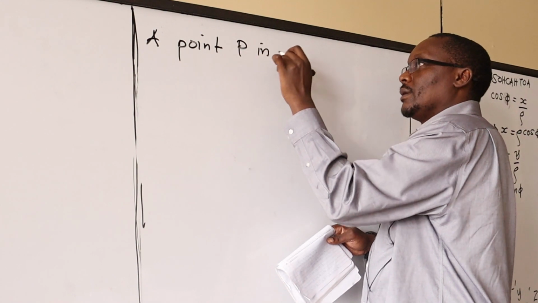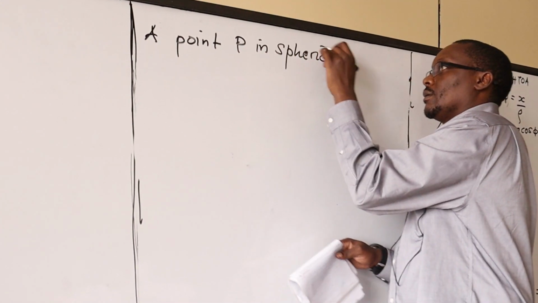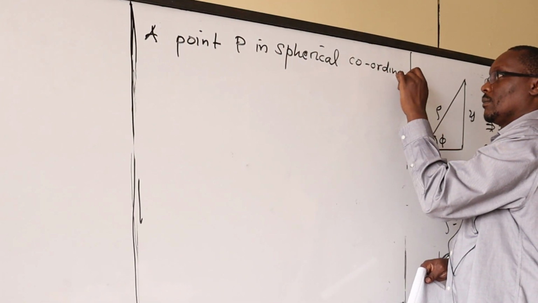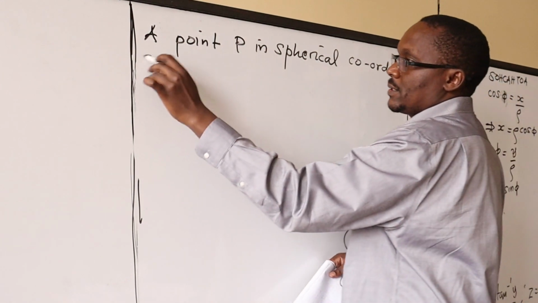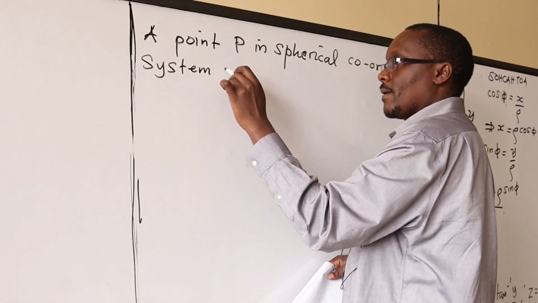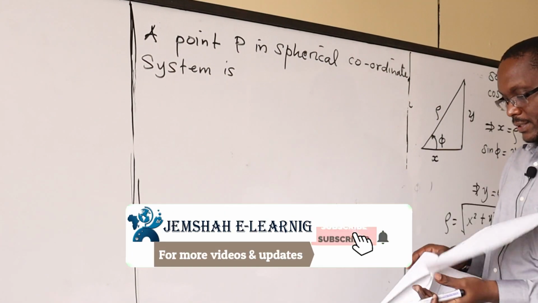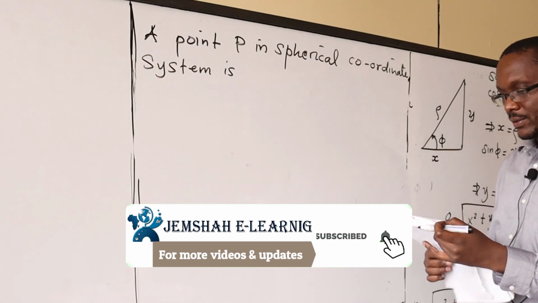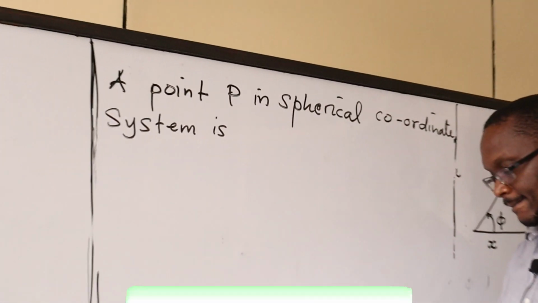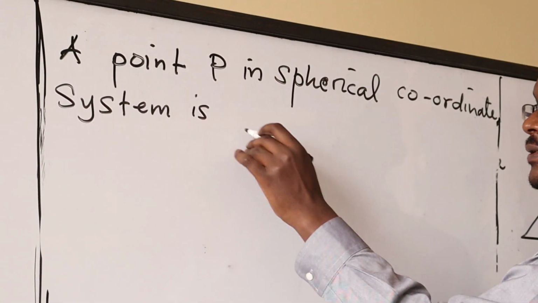So still again we are saying that a point P in the spherical coordinate system is represented by the coordinates.